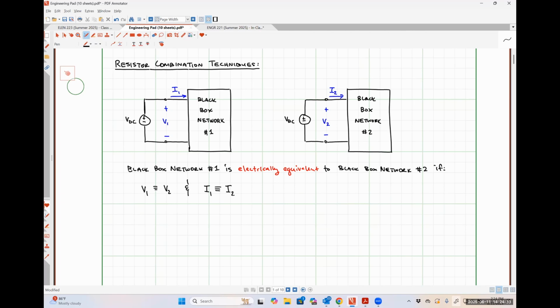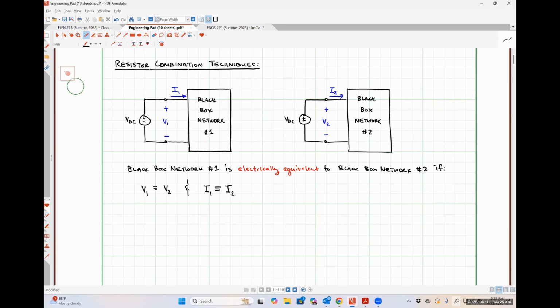So in a couple of minutes we're going to be using this definition of electrical equivalence in order to figure out ways to simplify networks containing multiple resistors. But this is fundamentally the starting off point of any kind of circuit simplification we're going to do in this class. We always need to maintain electrical equivalence.